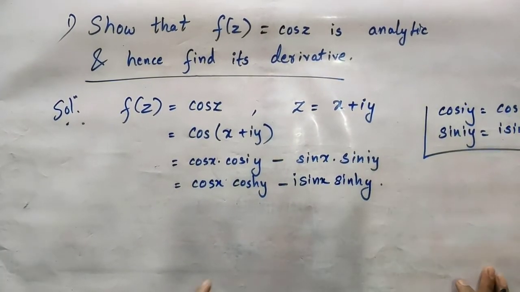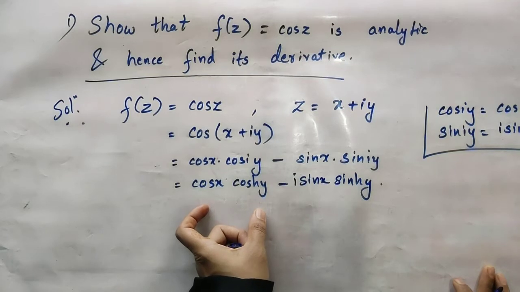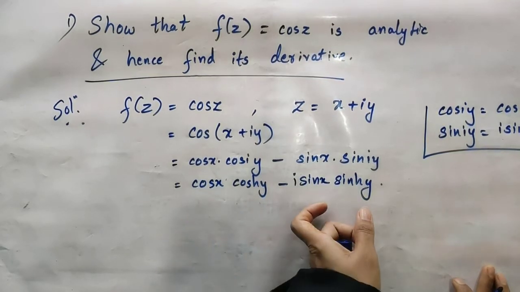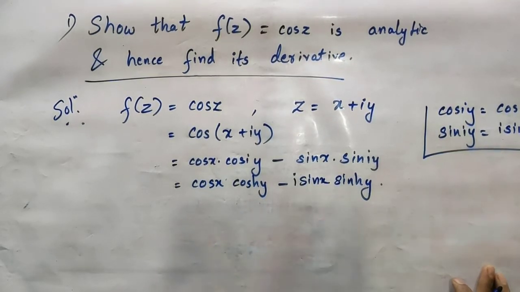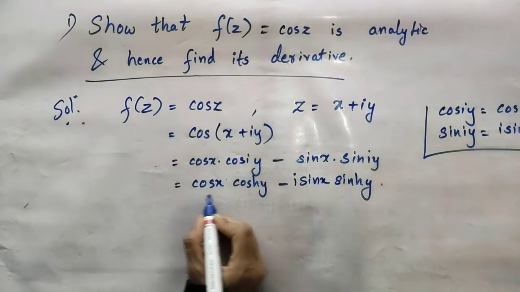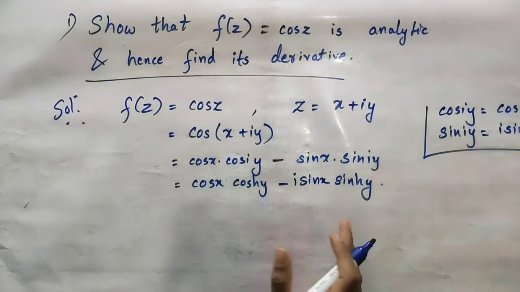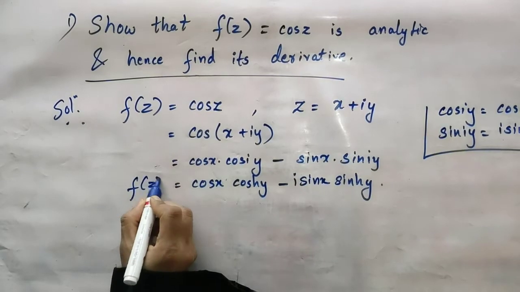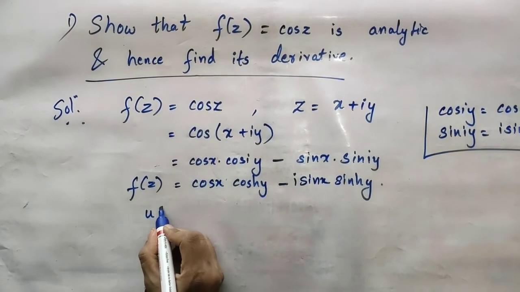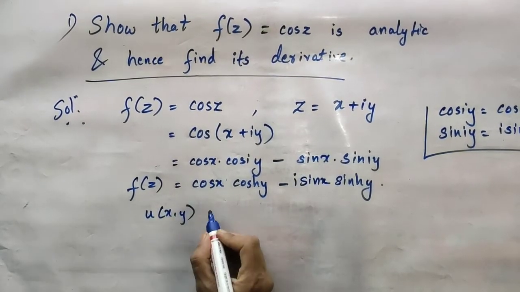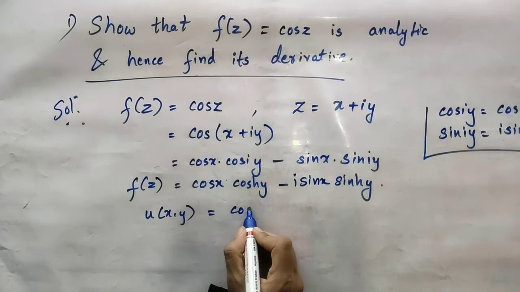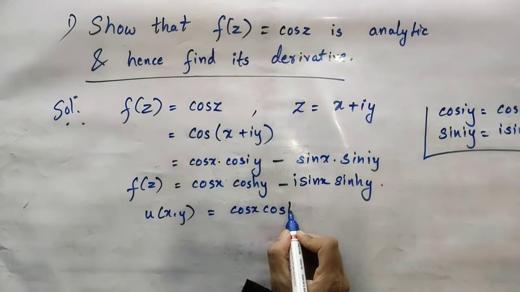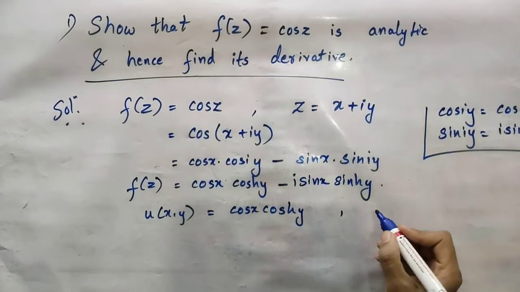So very clearly you have one separate term where there is no i, and another separate term which is accompanied with i. So you can easily tell me what the real part and the imaginary part of the function f of z are. The real part, which we usually denote by u of x y, is the part independent of i, which is cos x into cos hyperbolic y.